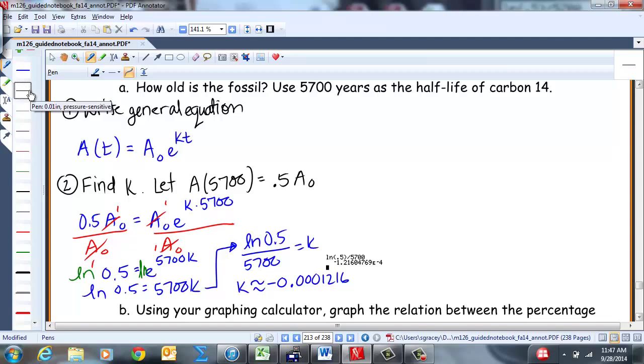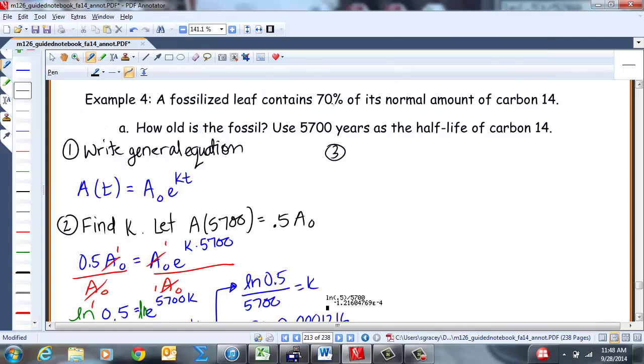All right, so now we have k. Now what we need to do is find out how old the fossil is. Again, we have been given that this leaf contains 70% of its normal amount of carbon-14.